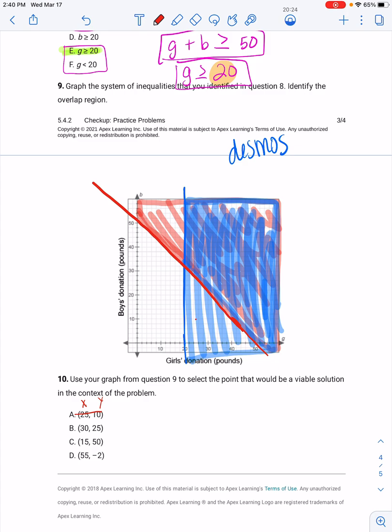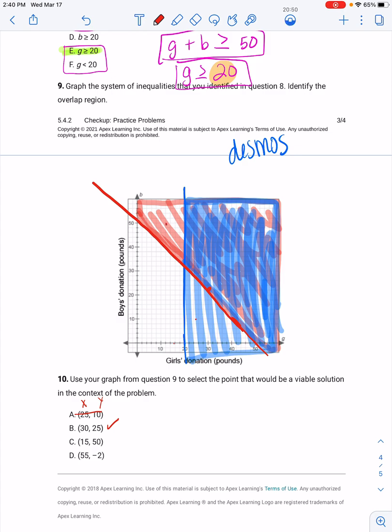And then over 30, up 25, that would put us about right here. That could be a solution, but make sure you check all of them. This one is 15 over and up 50. So 14, and then we go up 50. That would be here, roughly.